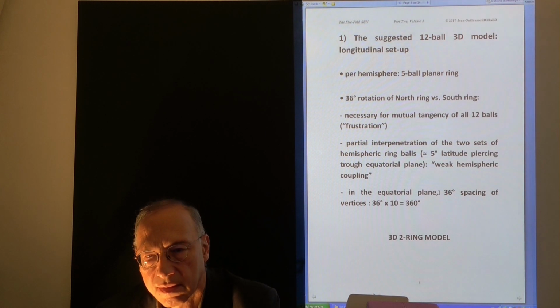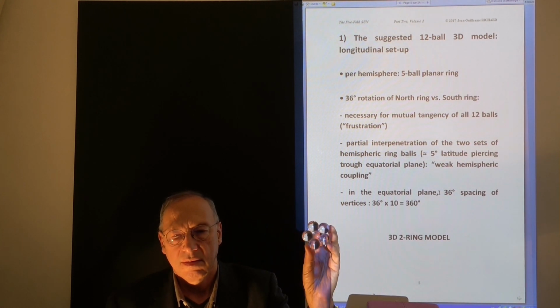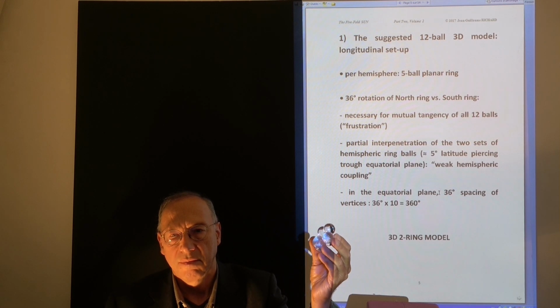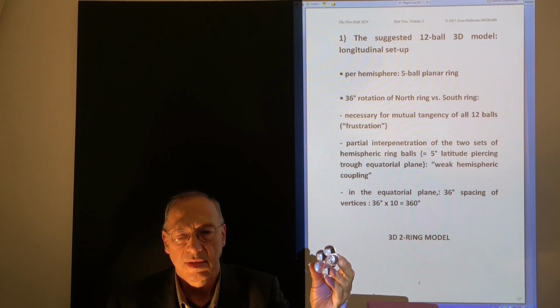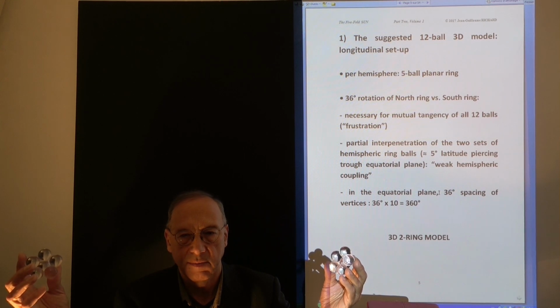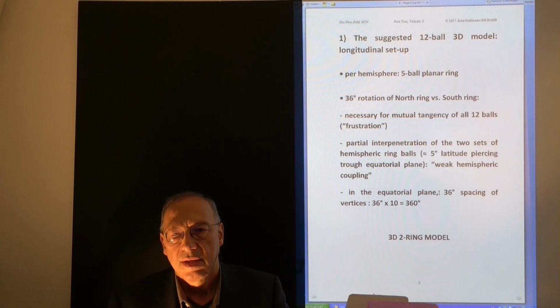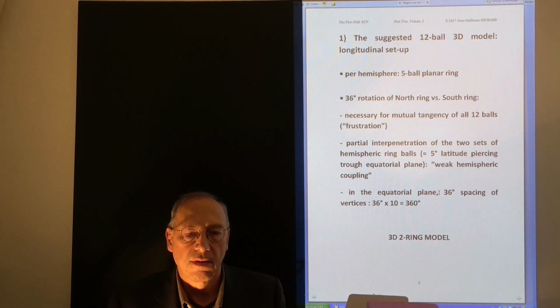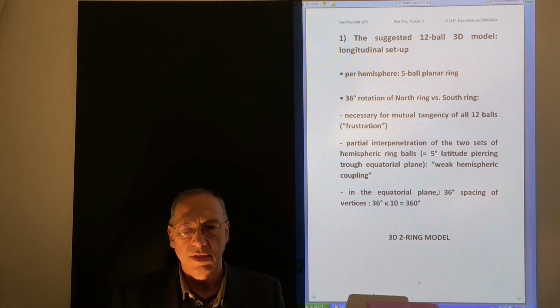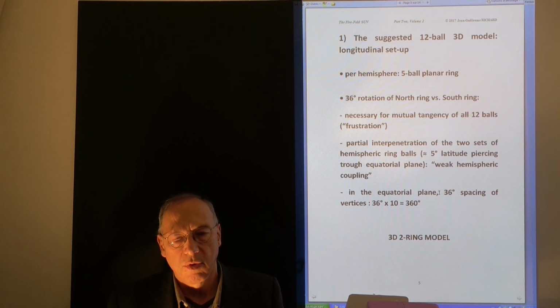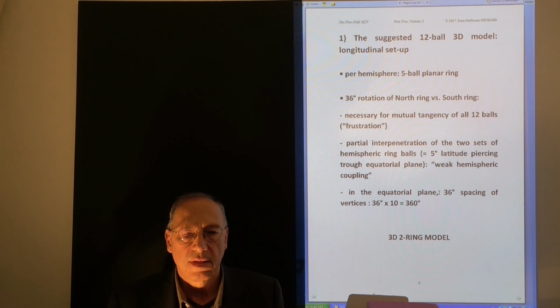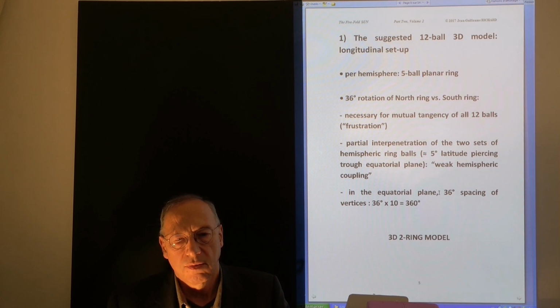So we have such a ring for the North Hemisphere and such a ring for the South Hemisphere. It is necessary to obtain the mutual tangency of all 12 balls, which is called in geometry a frustrated arrangement, in which all balls are mutually blocked in position, in this case around the central cavity.